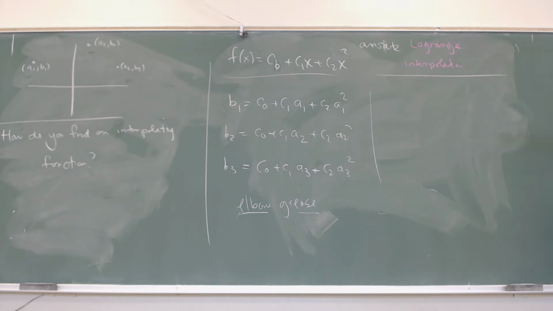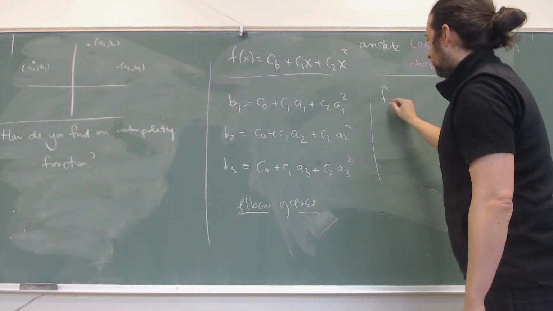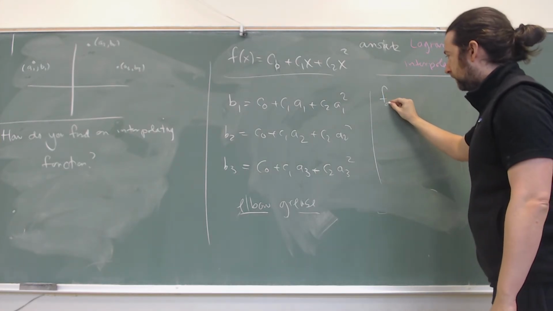So, based on the data that we're given here, can you tell me a function that is equal to 1 when I plug a1 into it, and 0 if I plug in a2 and a3? That's question 1. So we'll call this function f of little a1.